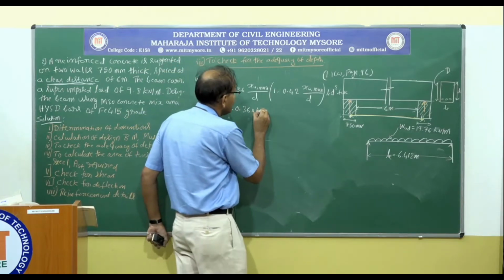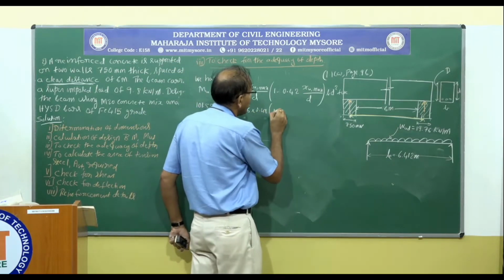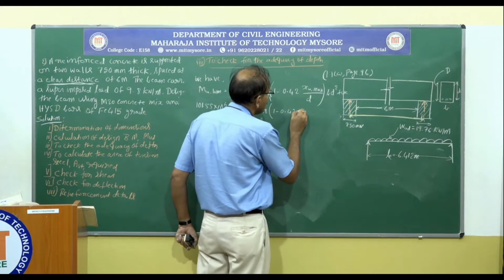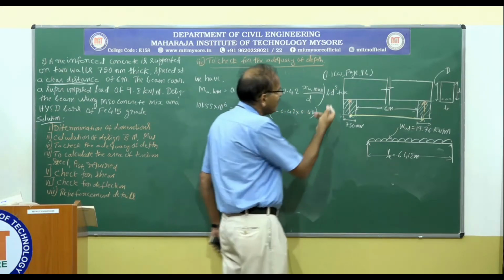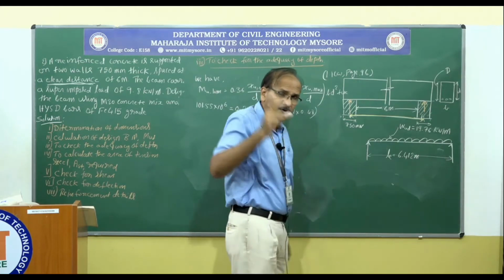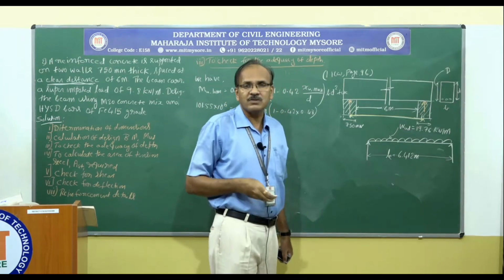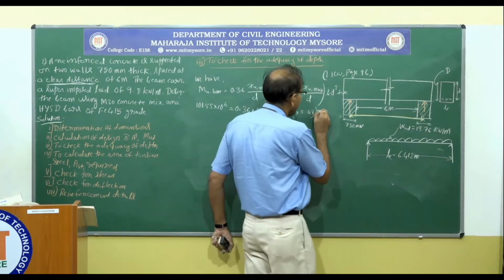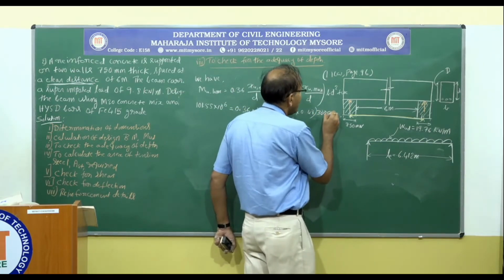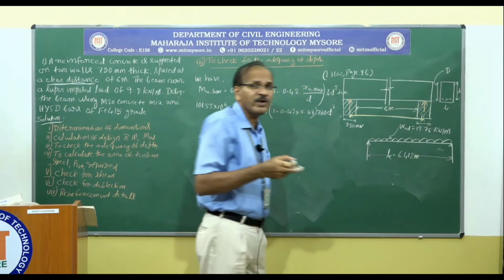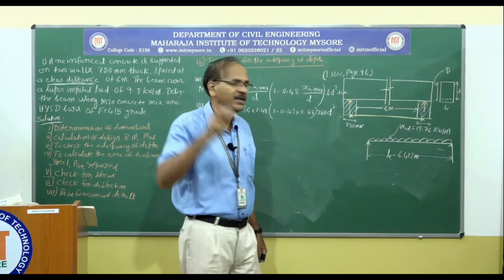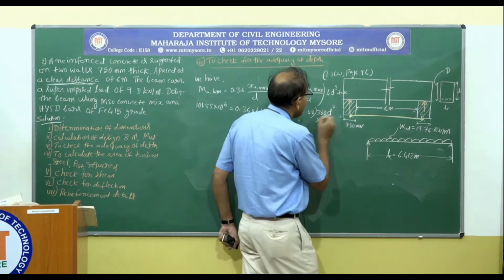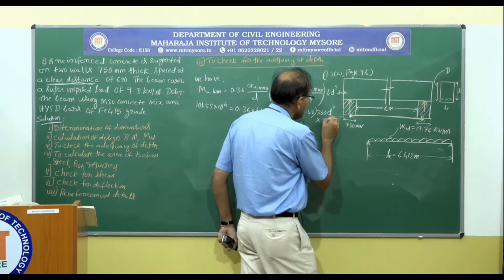That is 0.48. 1 minus 0.42 into 0.48, and what is the value of B? So we are going to take the value of B as it is. So that is 300 millimeter, and D square, that is the value we are trying to find out. What is the minimum effective depth required? Multiplied by FCK is 20.